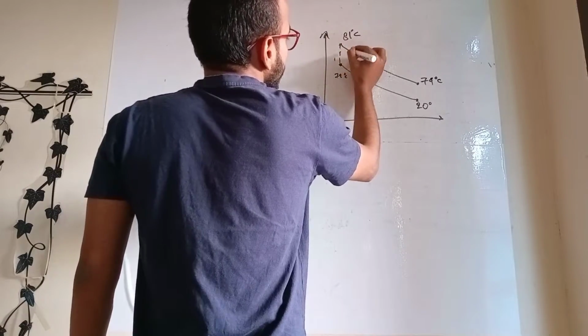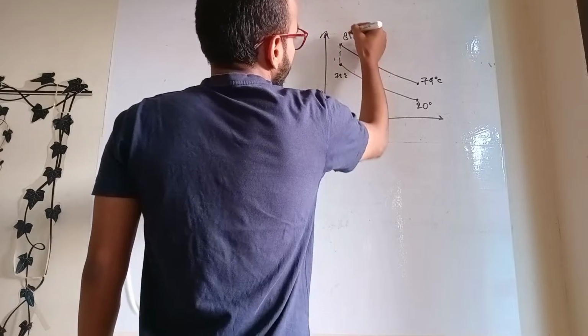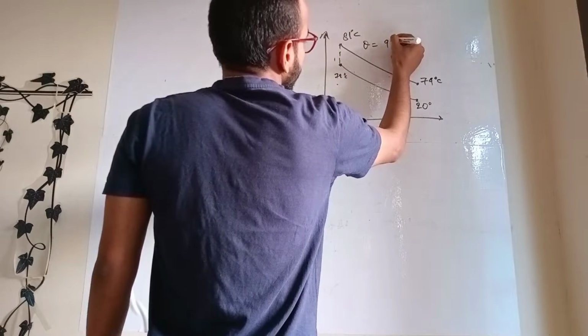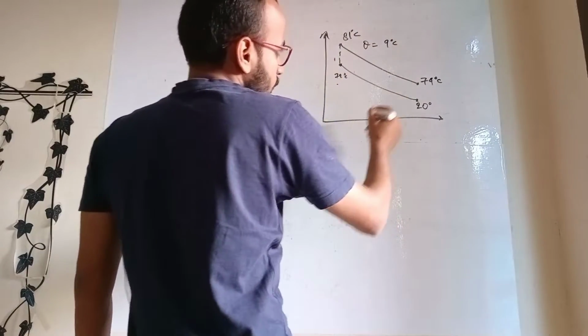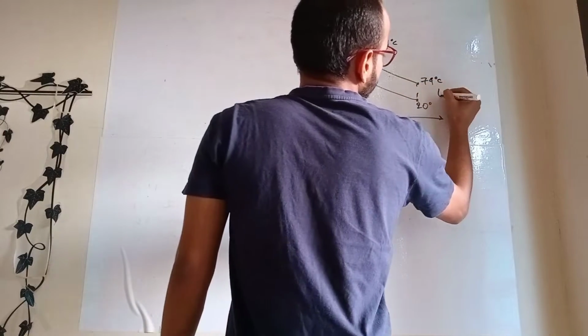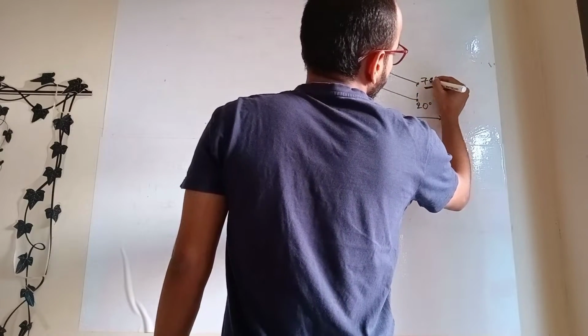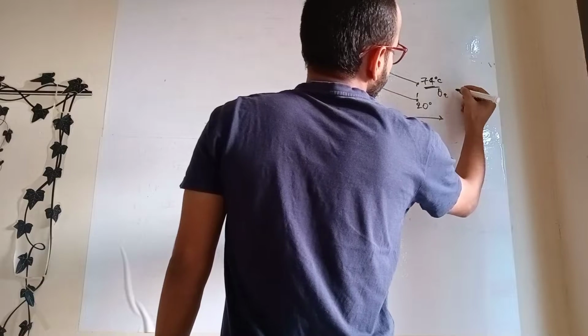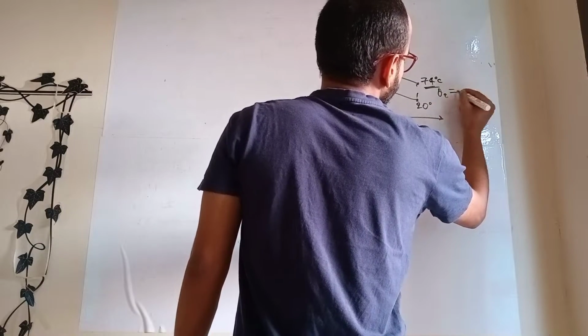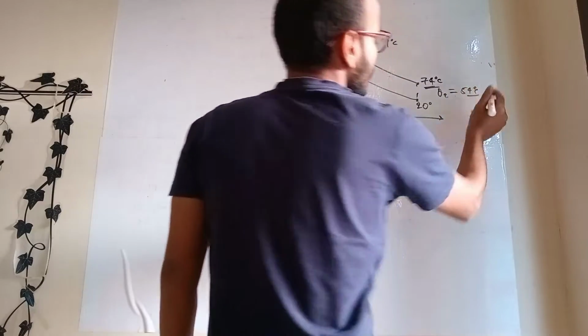So here our theta 1 is how much? 81 minus 72. It will be 9 degrees centigrade, and theta 2 will be 74 minus 20. So it will be 54 degrees centigrade.